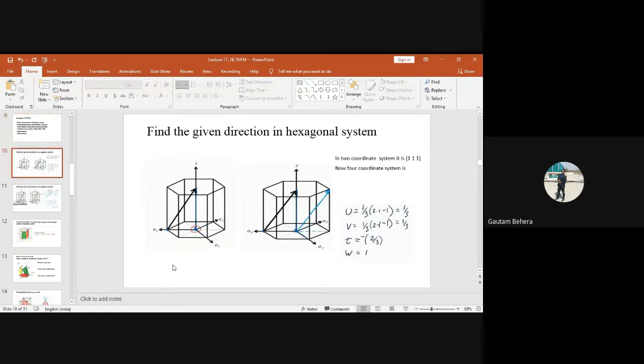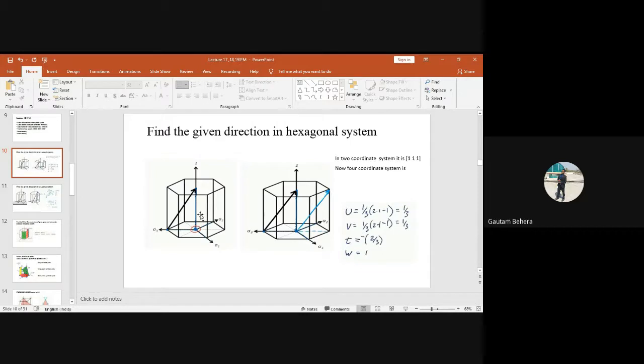You can see now, this is a hexagonal unit cell and a direction is given. This is the dark line, and we want to find the Miller-Bravais indices of this given direction in the unit cell of the hexagonal system.